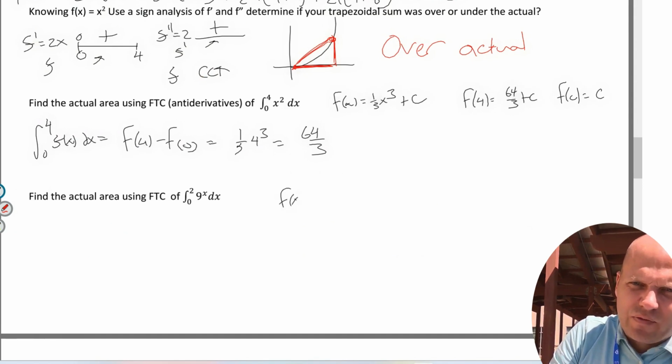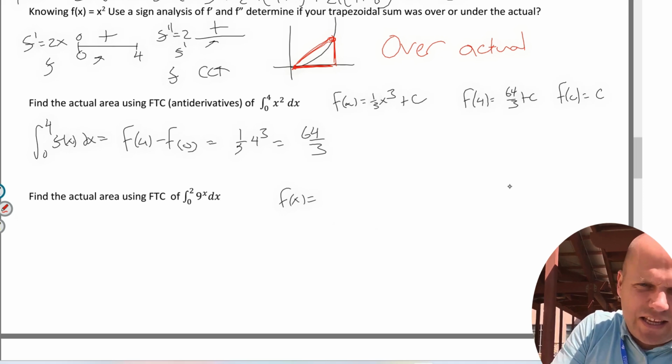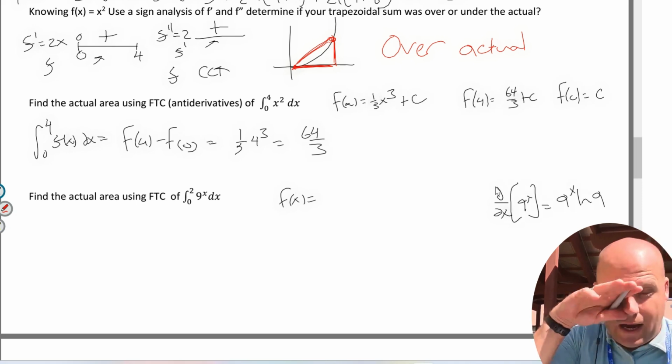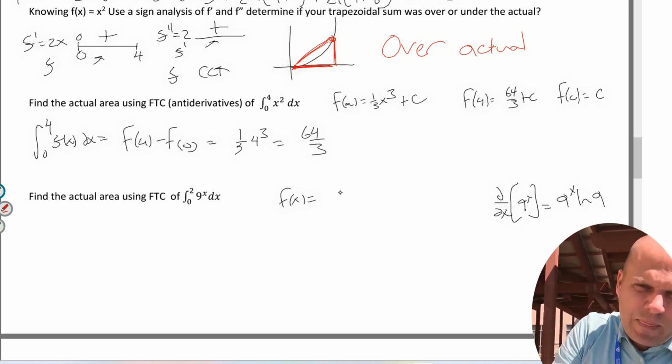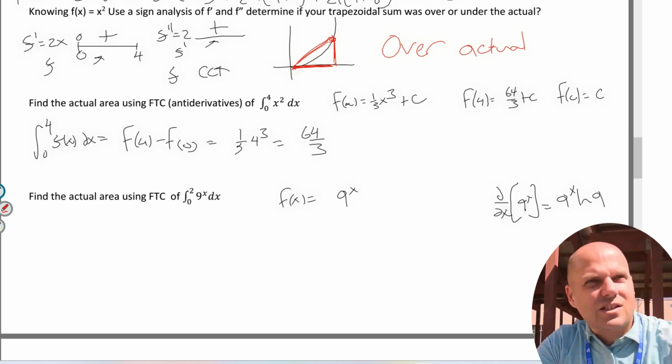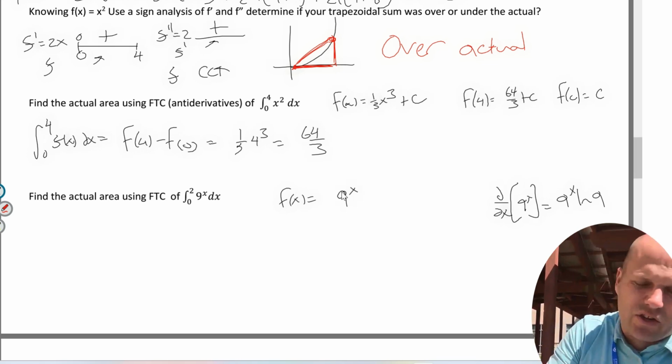I need capital F. What is the antiderivative of 9 to the x? Well, I'm sure you don't remember, but it's 9 to the x divided by the natural log of 9. We have to remember the derivative of 9 to the x is 9 to the x times the natural log of 9. When I take the antiderivative, I start with 9 to the x, knowing that I'll have a log 9 when I take the derivative.